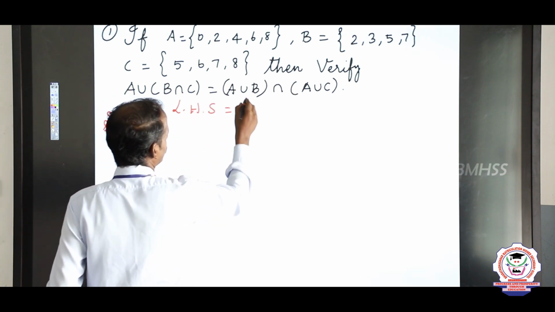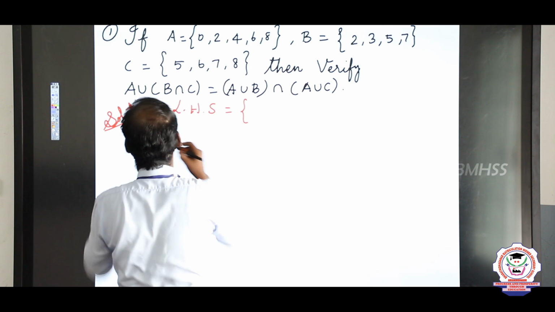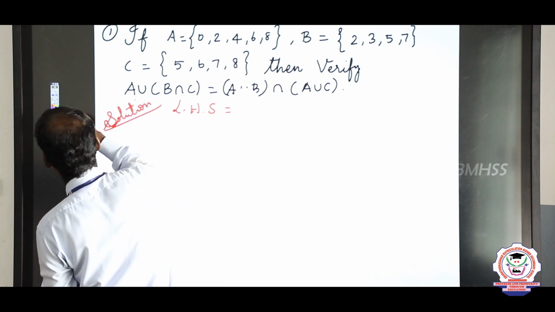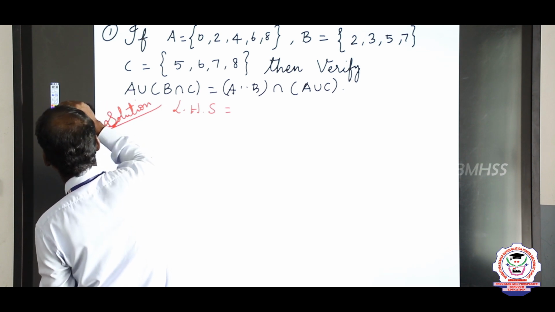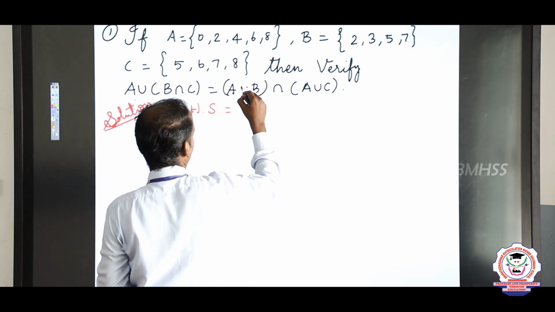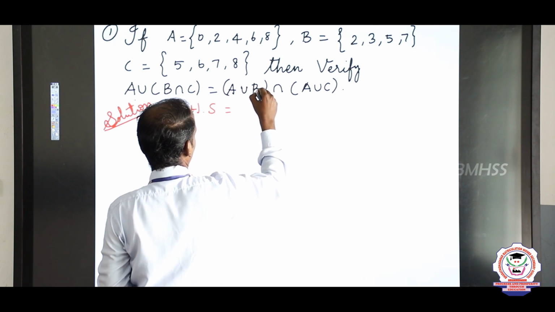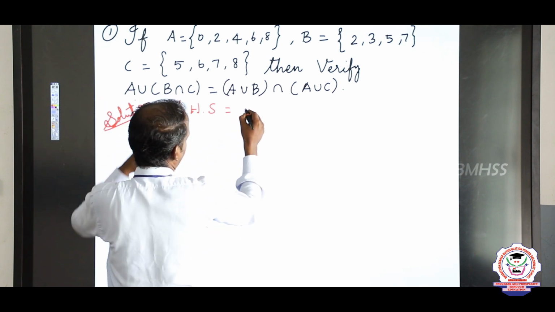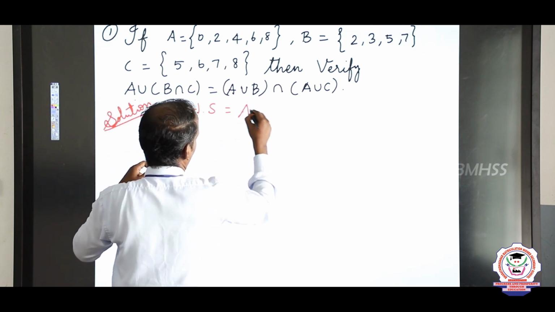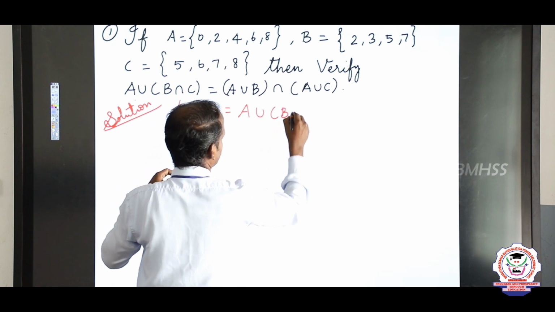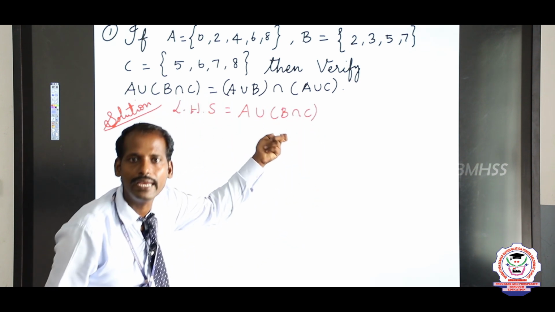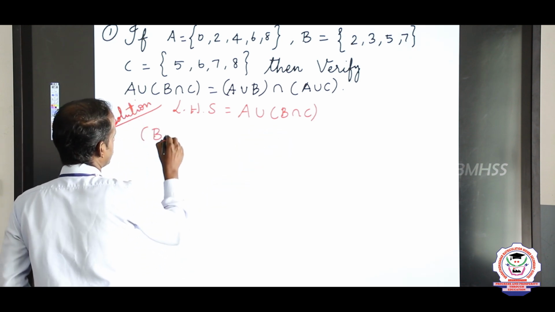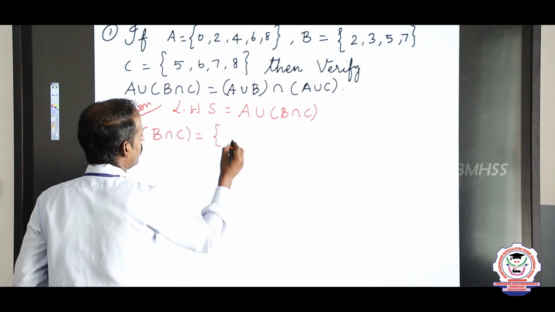LHS is A union B intersection C. First you have to simplify B intersection C. So here B intersection C is equal to, what is B set?